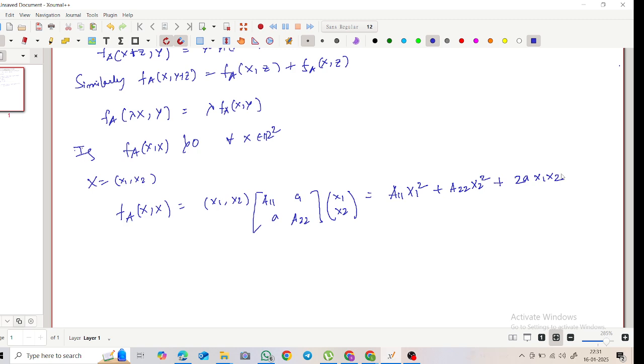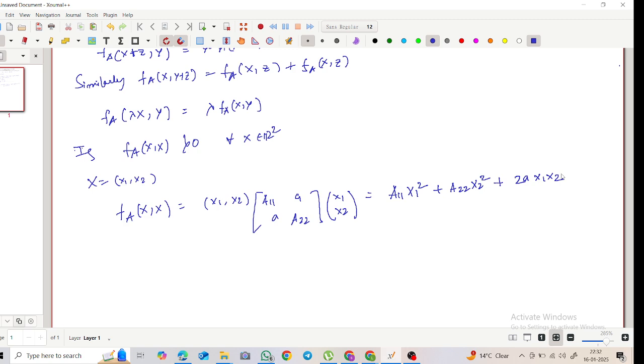Okay, so this is the multiplication. So we will have to show that this expression is always greater than 0.